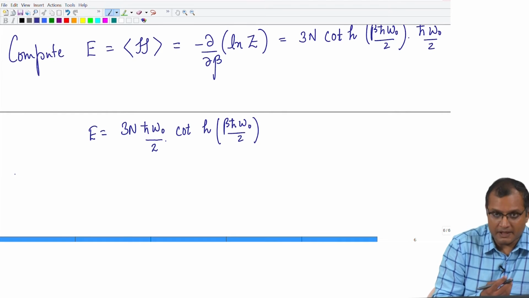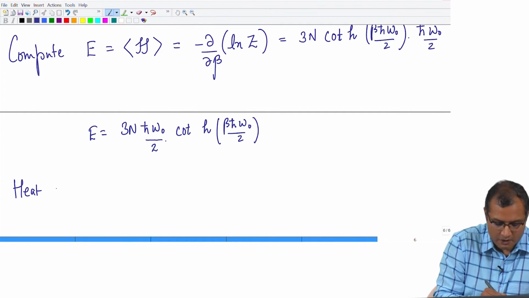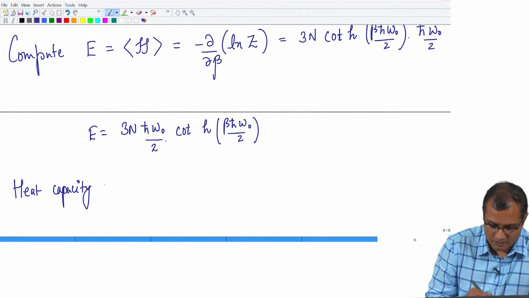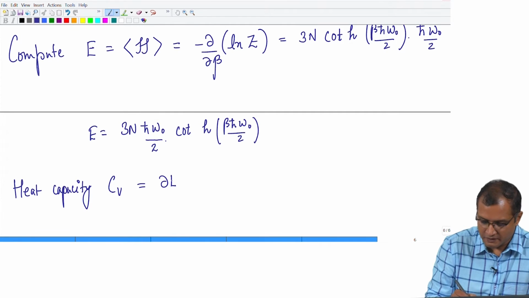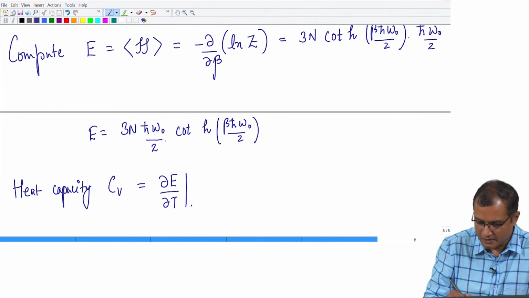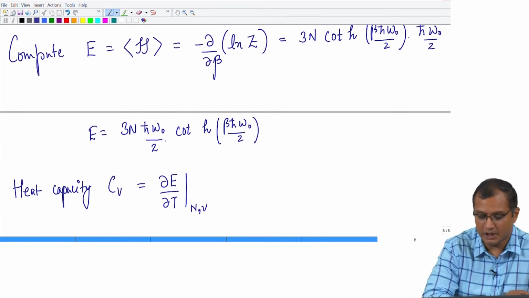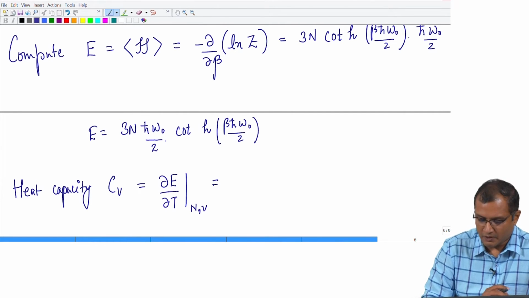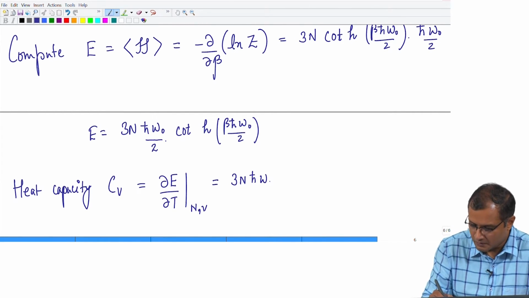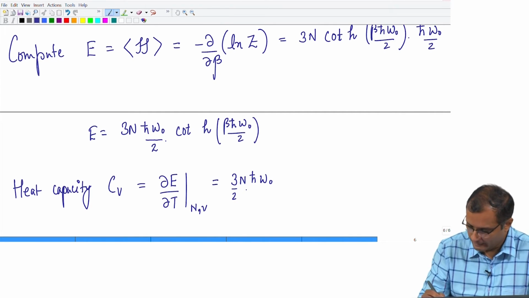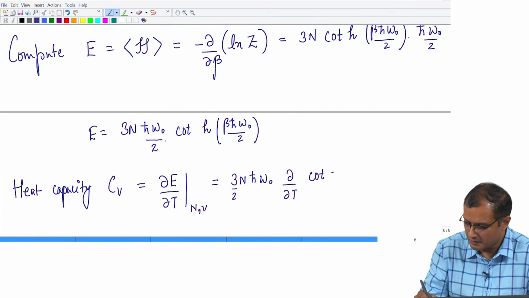But this is my total energy. I want the heat capacity. So the heat capacity at constant volume is given as the temperature derivative of the total energy at constant number of particles and volume. We are in the NVT ensemble. So I am going to write it as 3n h cut omega 0 by 2 into d by dT of coth of beta h cut omega 0 by 2.